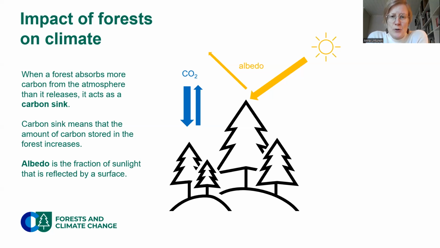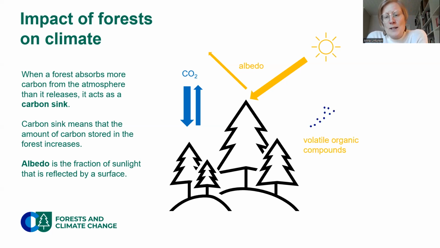And the darker the surface, the more it absorbs the sunlight. And this way, forest impact to climate, the albedo impact, is actually warming the climate. So carbon dioxide impact is typically cooling the climate, but albedo impact is warming the climate.